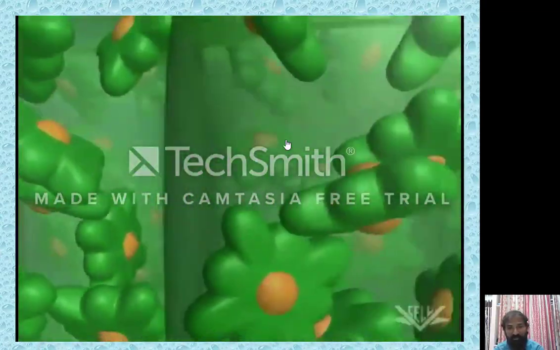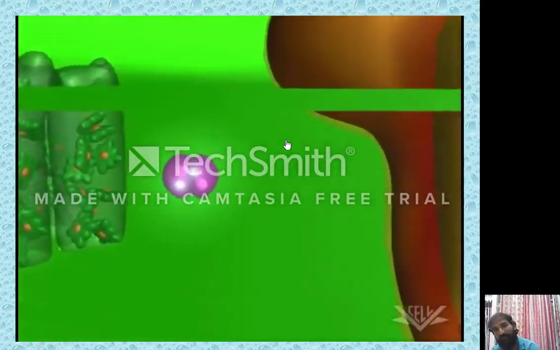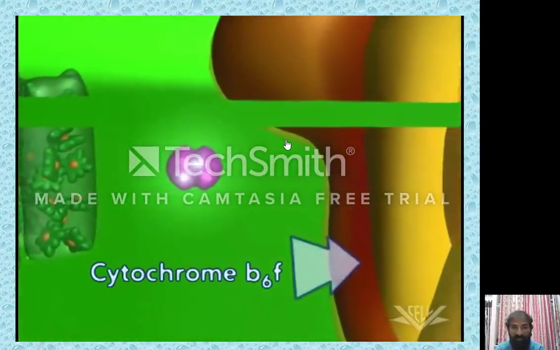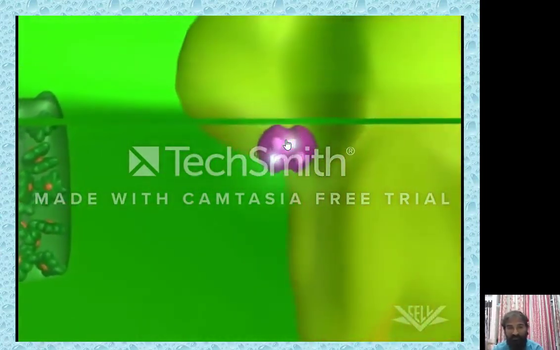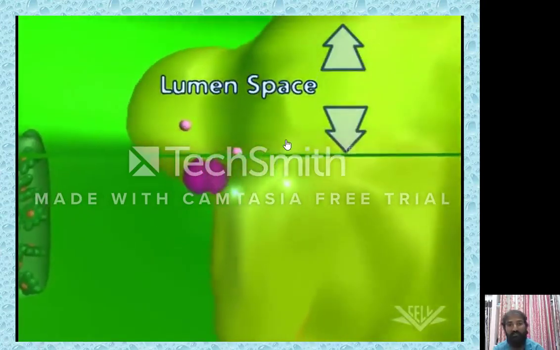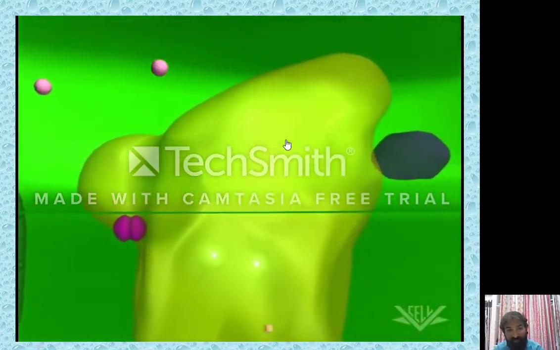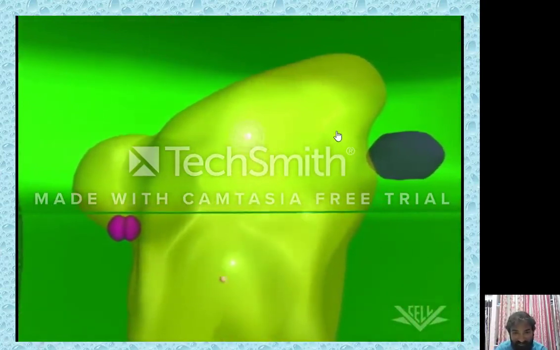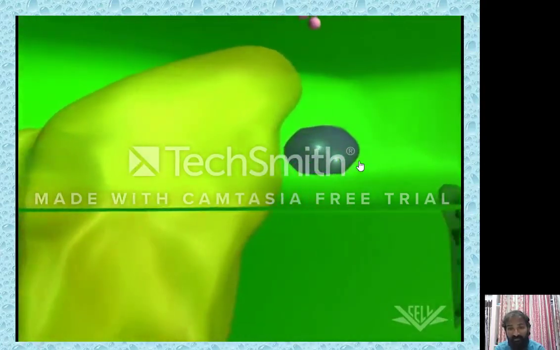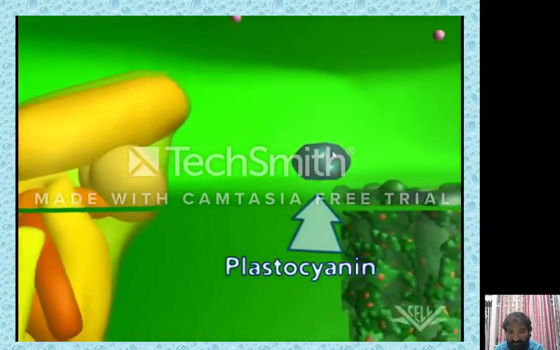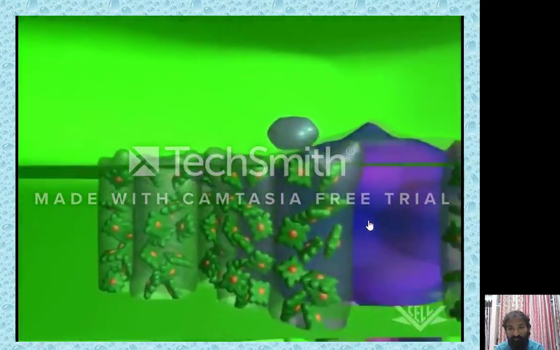The electrons travel through the thylakoid membrane and reach the next complex, cytochrome B6, which releases the protons into the thylakoid lumen space. These electrons are also received by plastocyanin, and this plastocyanin carries the electrons to photosystem 1.